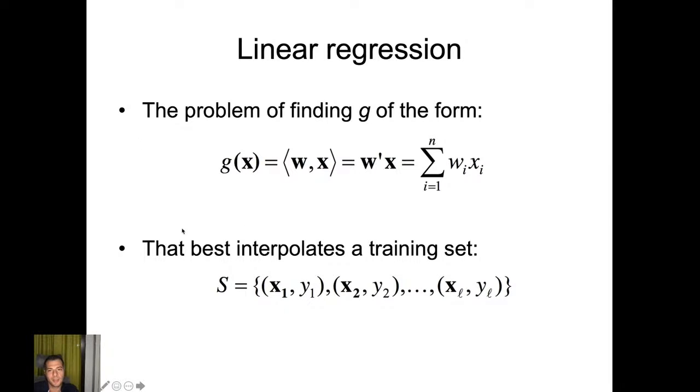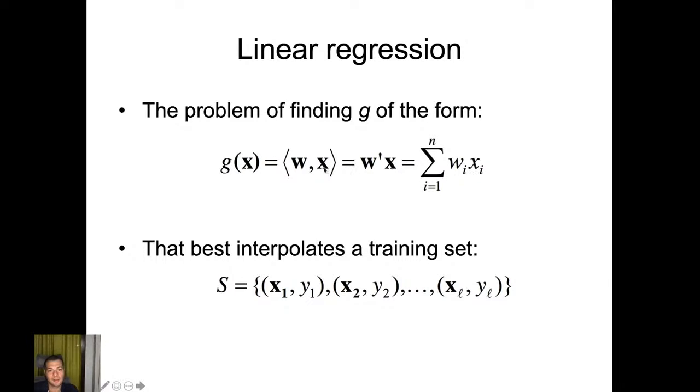Once again, here we change the notation from before. These are data samples, so in bold we have vectors: the vectors x1, x2, xl, and we have the associated targets y1, y2, yl.